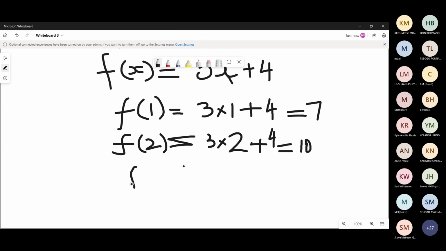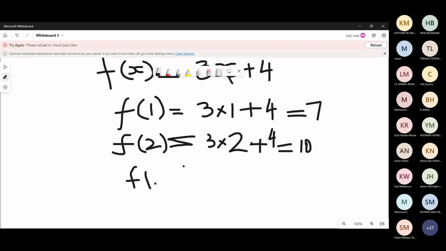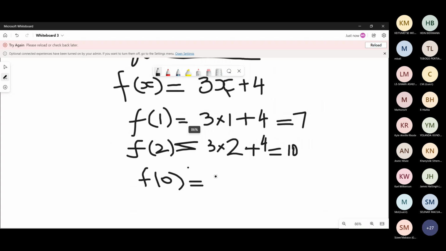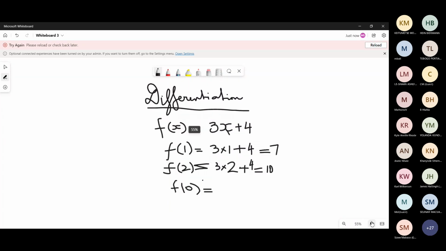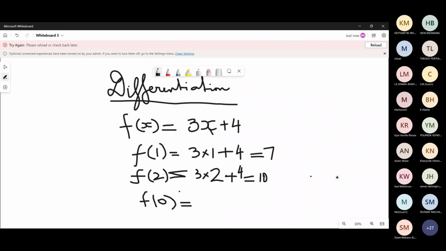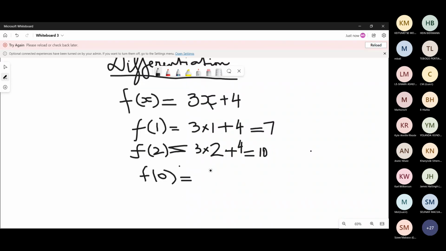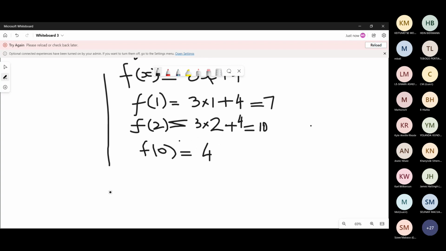What is f of 0, please? 4, yes. F of 0 is 4. Very basic, very easy, very elementary.